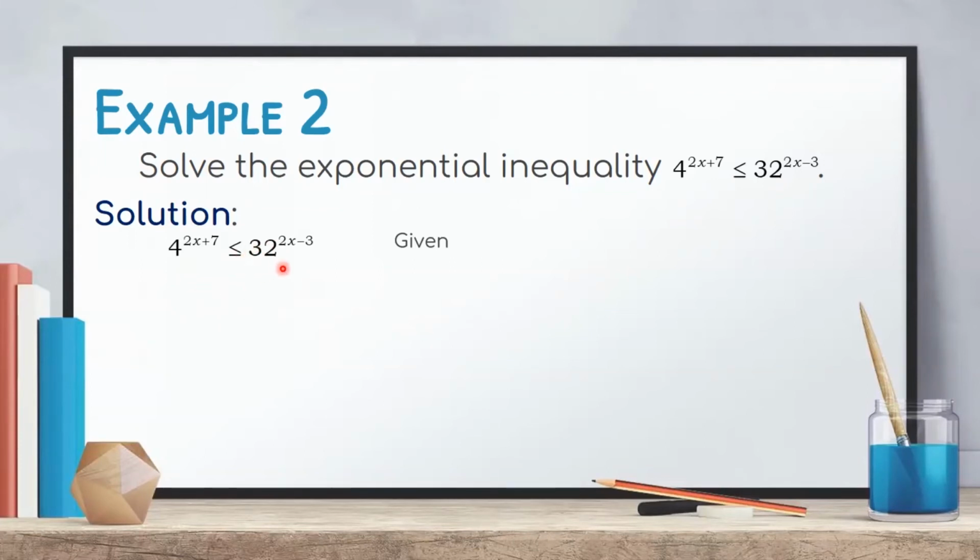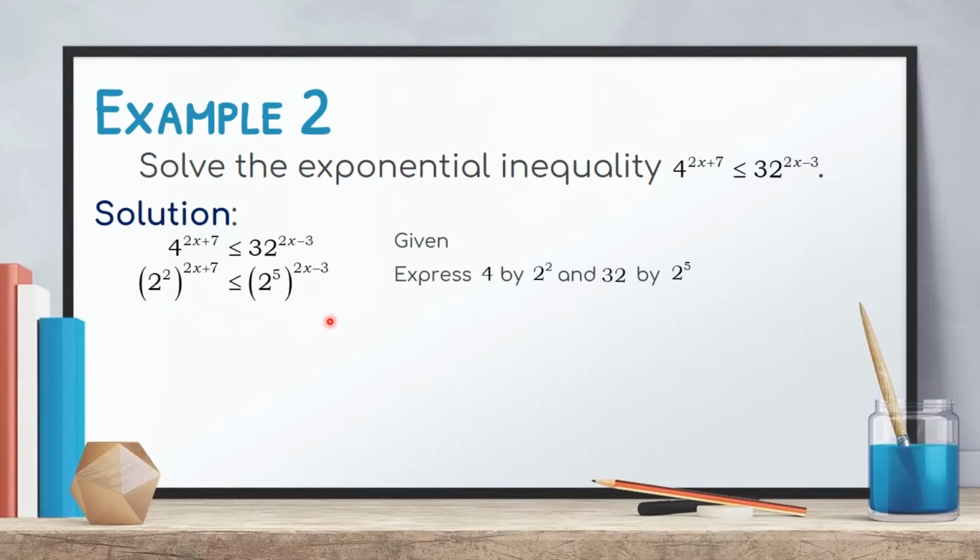Since we cannot express 32 with base 4, it means that we need to change the two bases. Remember that 4 and 32 can be expressed with base 2. 4 is equal to 2 squared and 32 is equal to 2 raised to 5.